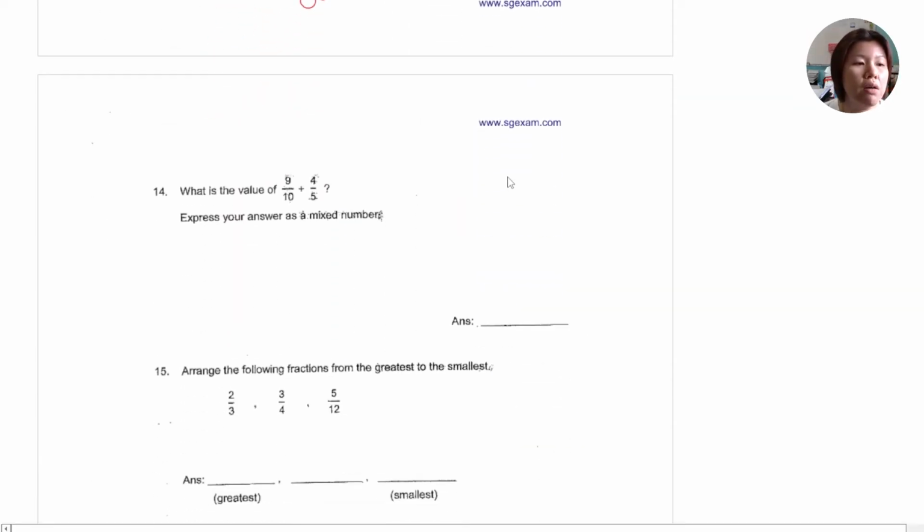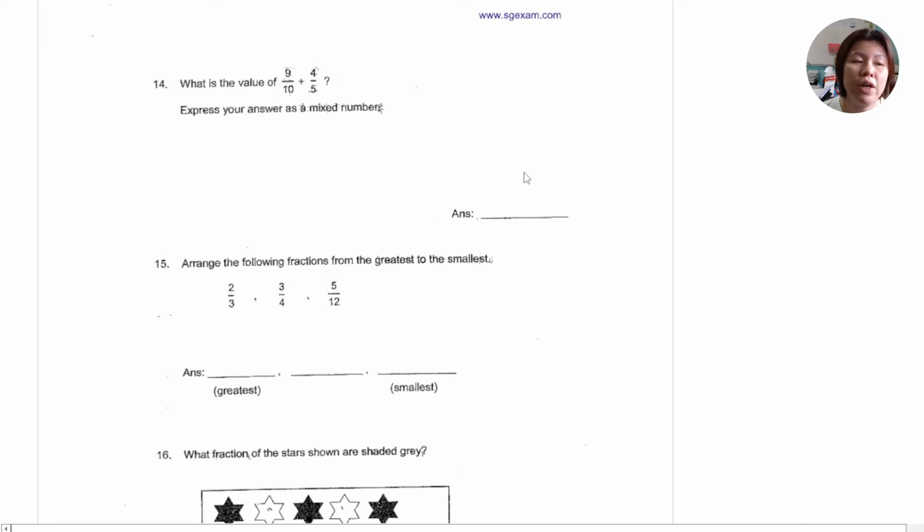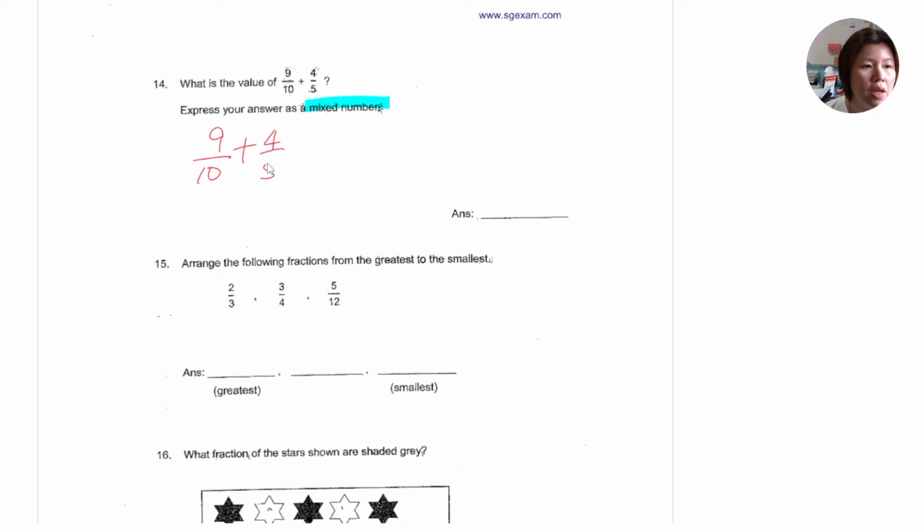Okay, let's move down. Okay, how to find the value of a fraction? They want it in mixed number. So we will take 9/10 plus 4/5. Please remember, fraction plus and minus must make your denominator the same. So my 10 and 5, nearest is 5 times table. I have 10, right? So I times 2, I times 2. So let's rewrite my 9/10, and plus 8/10.